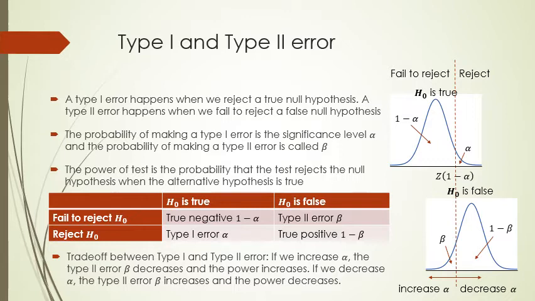Let's use this right graph to understand the trade-off between type 1 and type 2 error. The example is a right-tailed test. The upper graph shows the distribution when the null hypothesis is true.